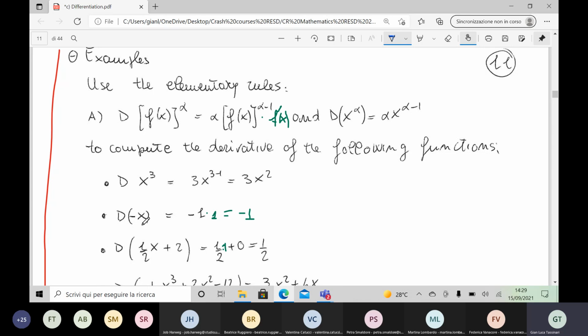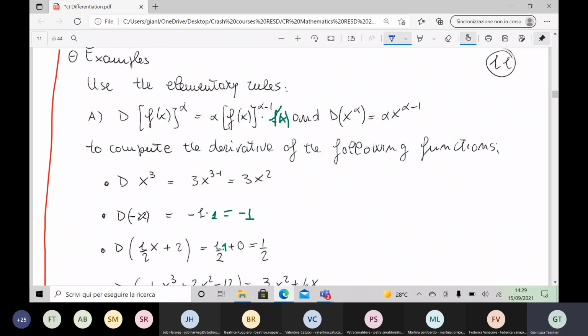Derivative of minus x. Remember, I told you that the multiplicative constant, if you have the derivative of k times f of x, you have to copy the multiplicative constant k. Which is the multiplicative constant? Minus x is like minus 1 times x. So I copy minus 1, which is the multiplicative constant, times the derivative of x, which is 1.